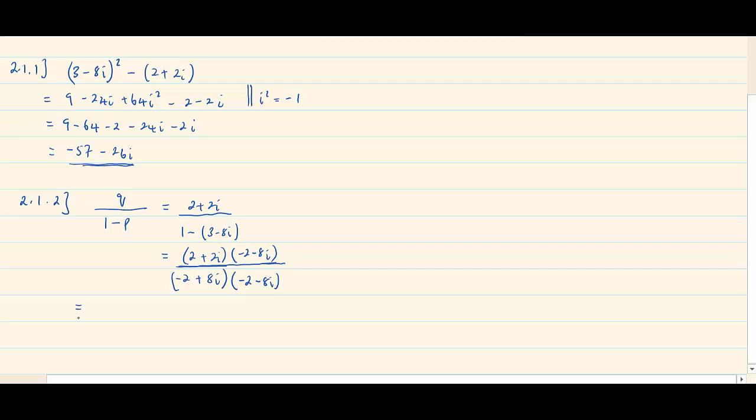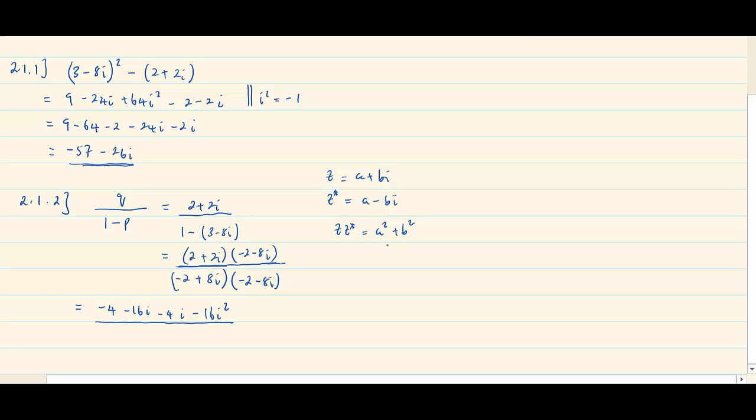Now if I carry on here and do the simplification, we're going to get minus 4 minus 16i and minus 4i minus 16i squared. So when you multiply those two, and then in the denominator, you need to remember that if you've got a complex number, say z is equal to a plus bi, where a and b are real numbers, and another complex number or its complex conjugate is a minus bi, then z times z star is simply going to be a squared plus b squared.